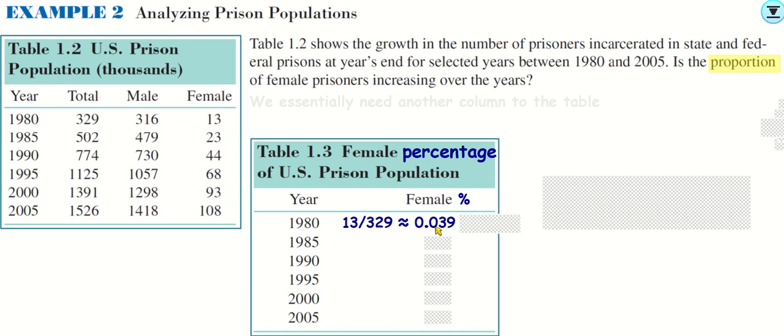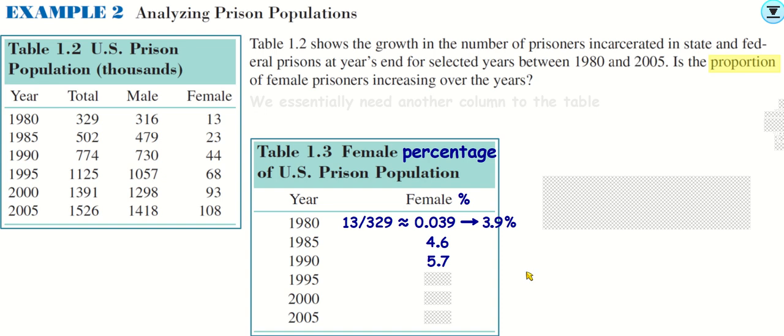If you do that division, that's all you really need to do to get a decimal. And you change that decimal to a percent by moving the decimal point over 2 places. So in 1980, females accounted for 3.9%.